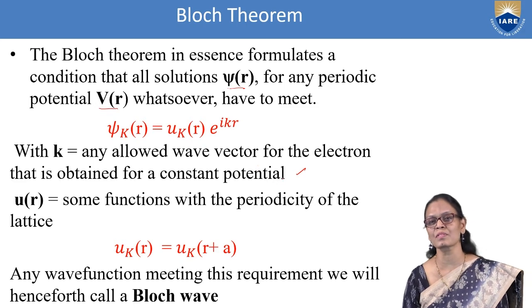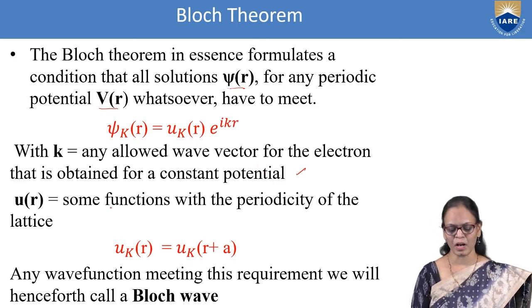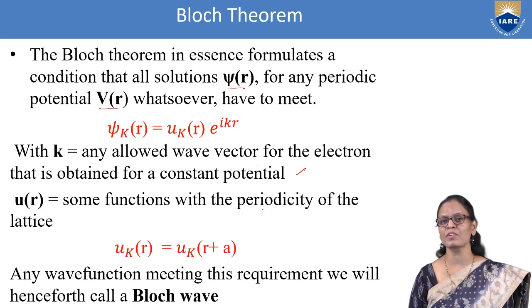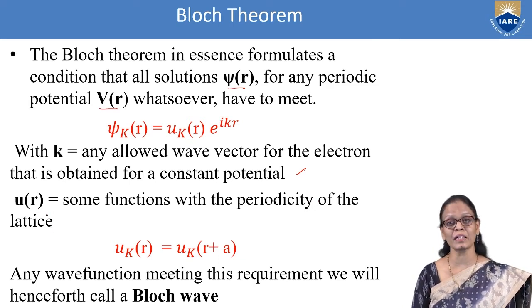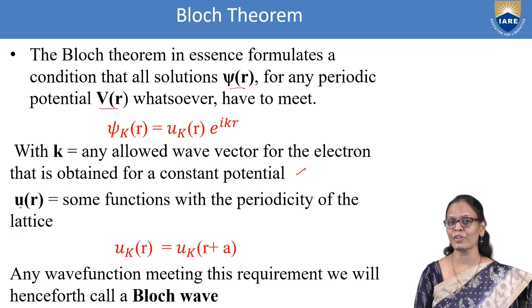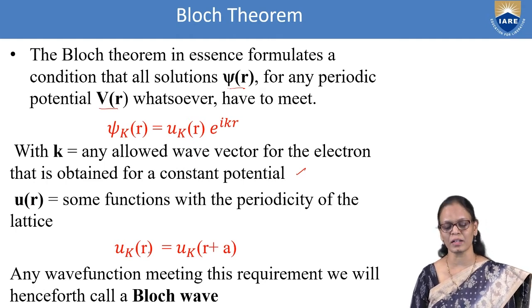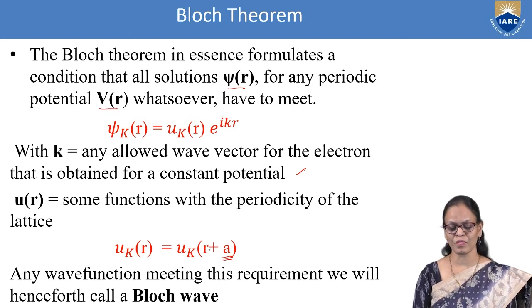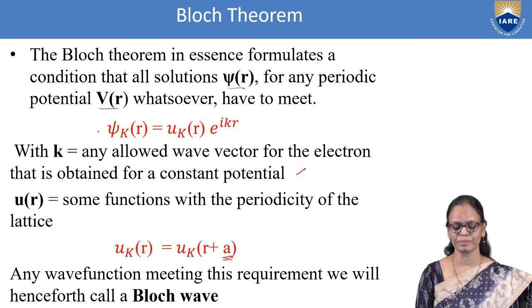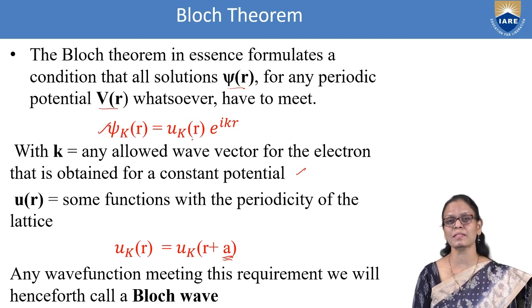We are talking in terms of k now. Now u of R is a function with the periodicity of the lattice. So what we are talking about again here is the periodicity. To represent it, u k of R should be equal to u k of R plus A, where A is again the lattice parameter. So we are first talking about the wave function, which is expressed as a product of a function talking about periodicity and then a plane wave.